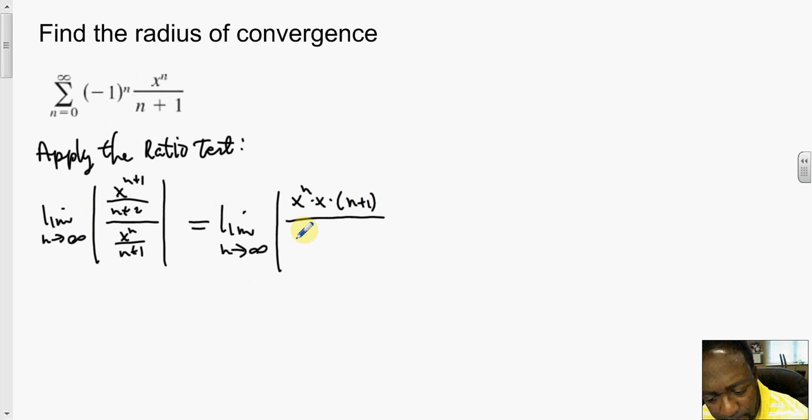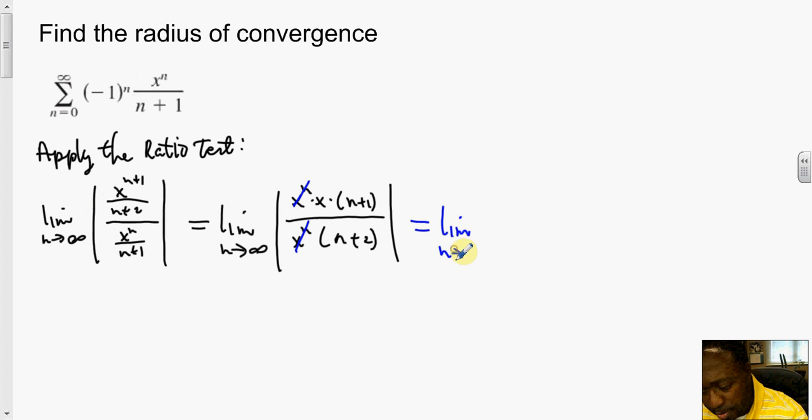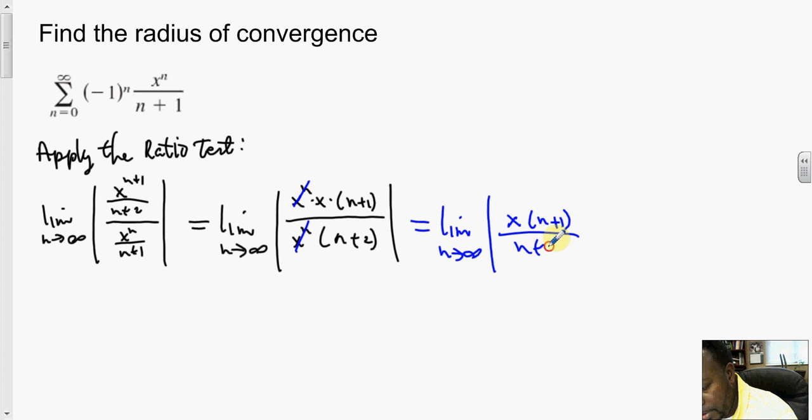This is divided by x to the n times n plus 2. Now the x to the n's cancel. This leaves us with the limit as n goes to infinity of the absolute value of x times n plus 1 divided by n plus 2.